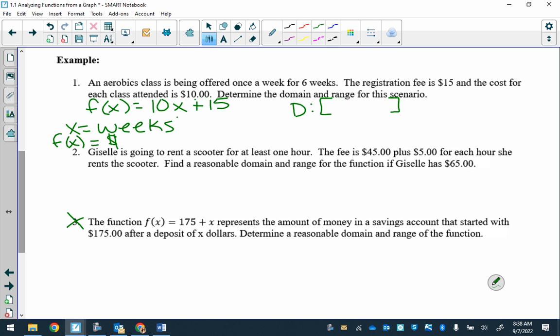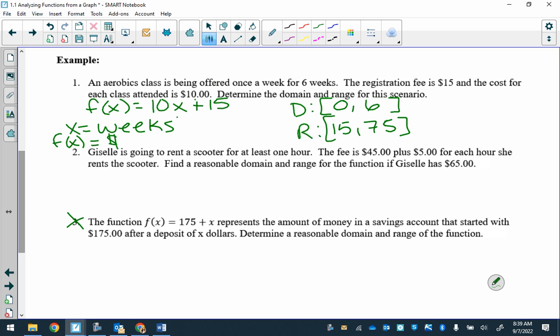Go ahead, Julia. Perfect. 0 to 6, because that is talking about the number of weeks. Okay. Now, what would be the corresponding range? Julia? Careful. Careful. 15 is right. Perfect. Good.